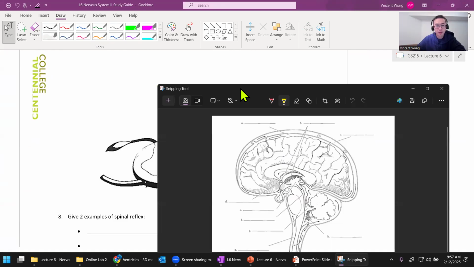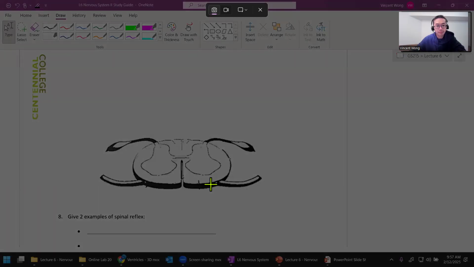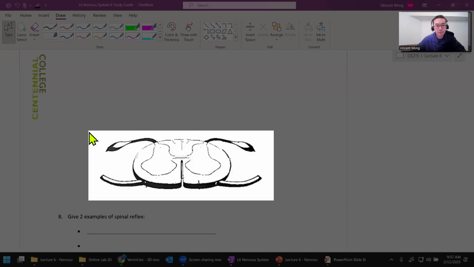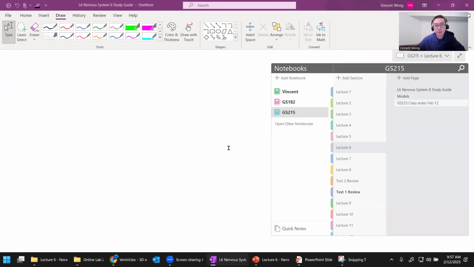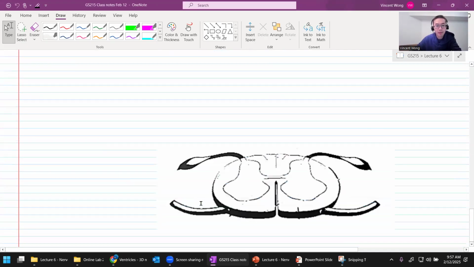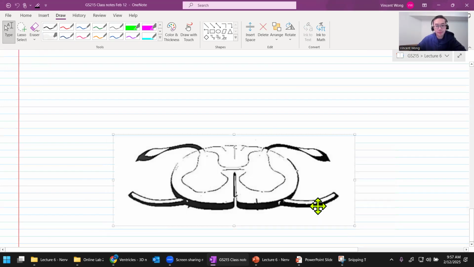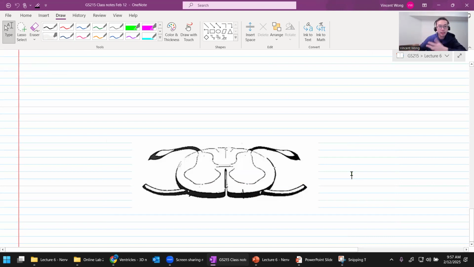I'm just going to copy it over so I can put it on the notes for you. There we go. That's the spinal cord. And some of the stuff is going to be review for you. And then I'm going to add some details in a bit as well.